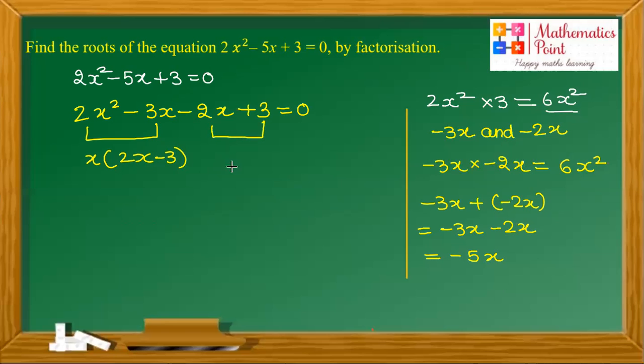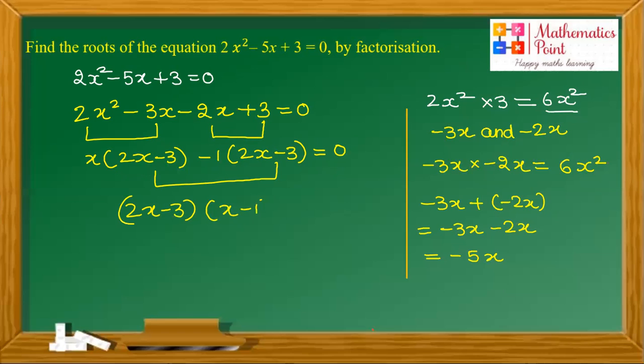And from these two terms, we can take minus 1 as common. So we are left with 2x minus 3 equal to 0. Now, from these two terms, you can see 2x minus 3 is common. So we are left with x minus 1 equal to 0.